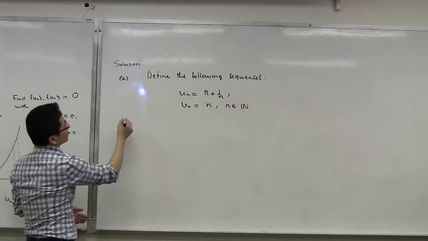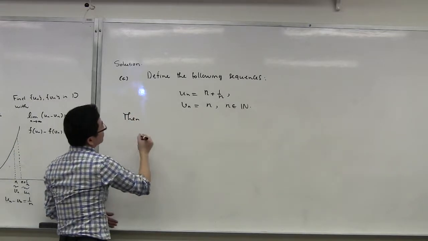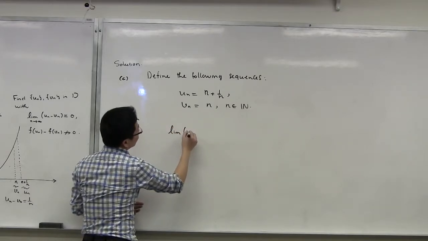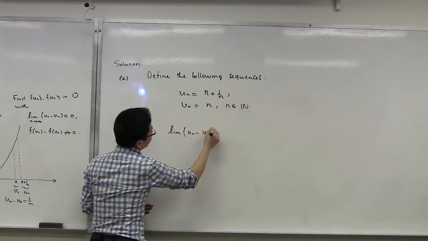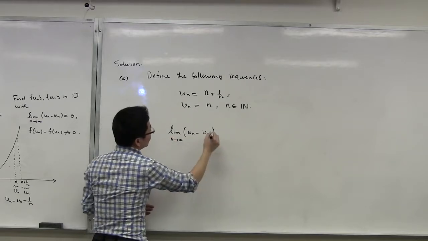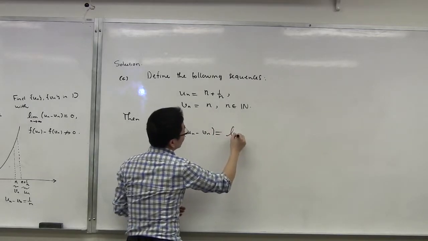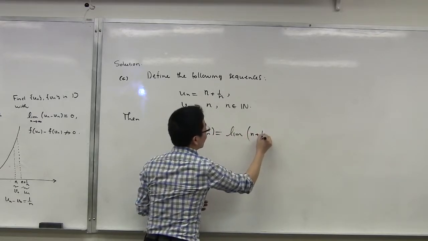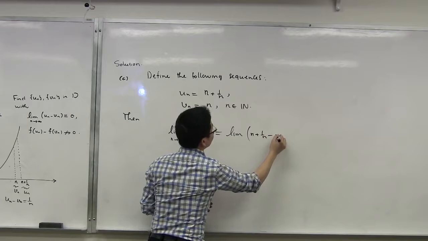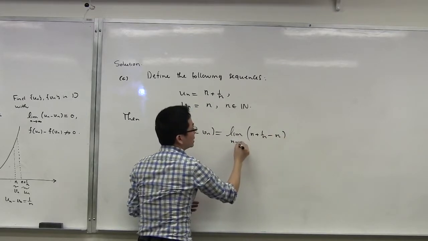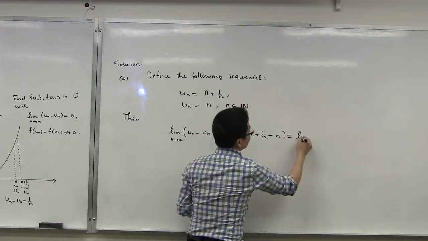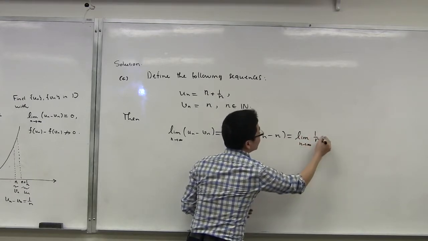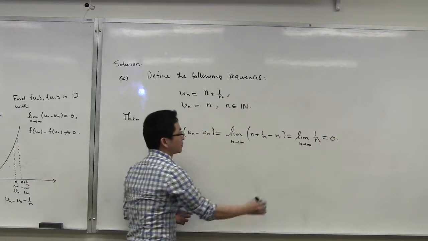Okay, then we see the following: the limit of un minus vn as n approaches infinity is the limit of n plus 1 over n, and then we subtract n, as n approaches infinity. This is the limit of 1 over n as n approaches infinity, and it is 0. Okay?